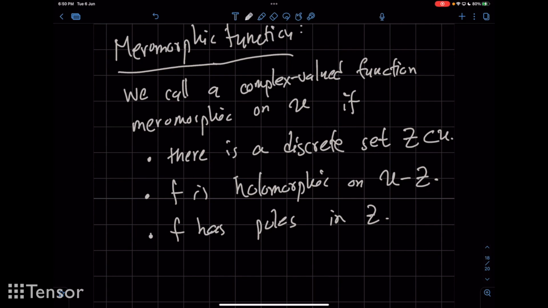It's discrete in the sense that it does not have any limit point in U, right?